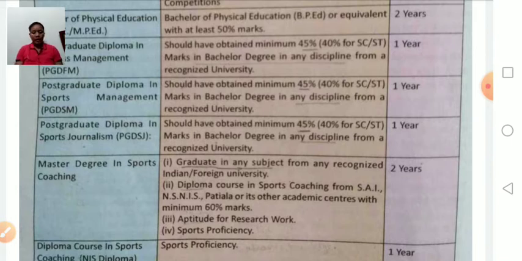Third, aptitude for research work and sports proficiency. These are the eligibility criteria for the master degree in sports coaching, and it is of 2 year duration.